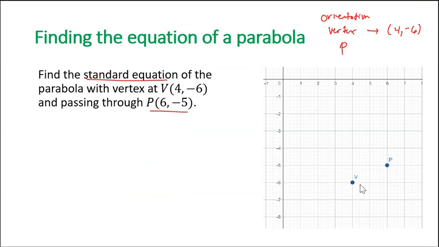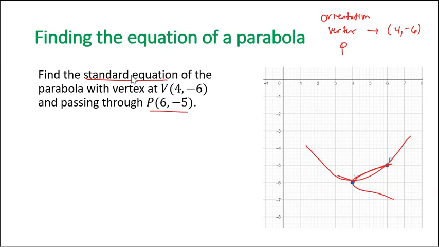It could be that the parabola opens upward, or it could be that the parabola opens to the right side. So in this particular problem, there would be two possibilities to solve this problem.